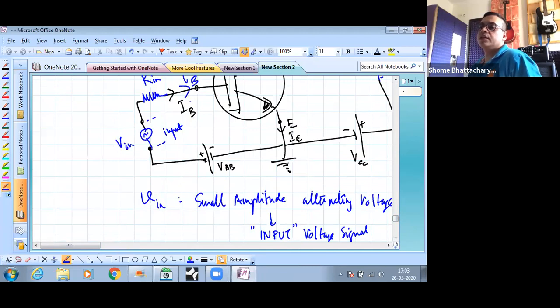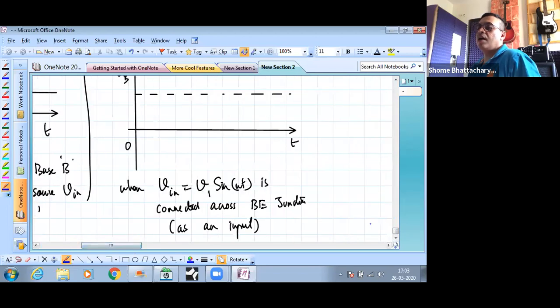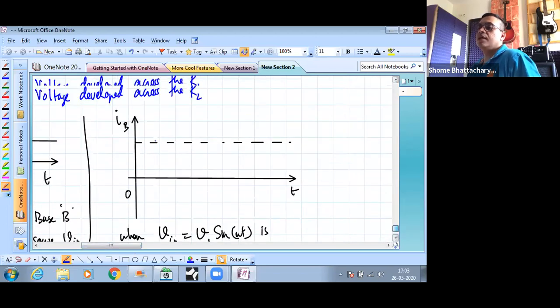So there's always a current flowing like this, but the amount of current flowing will start fluctuating a little bit with a certain frequency, because now there is some input voltage, even though small in value, but it is making the net voltage across the base emitter junction fluctuate. So the current across the base emitter junction, or the IB value, now becomes as if it is fluctuating like this.